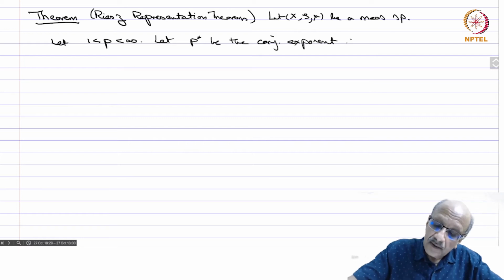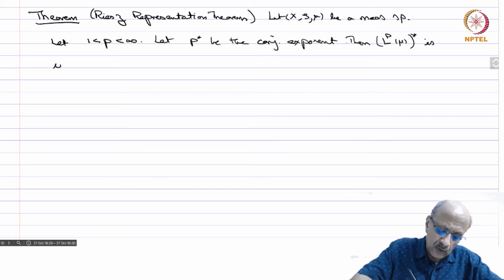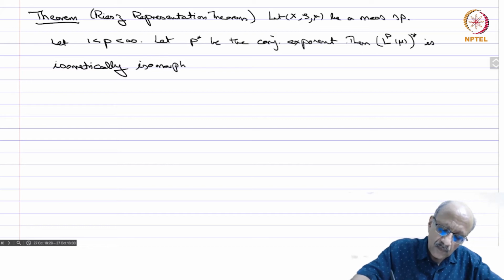Then the dual of Lp(mu), Lp(mu) star, is isometrically isomorphic to Lp star(mu).